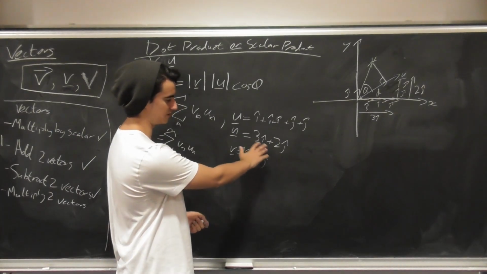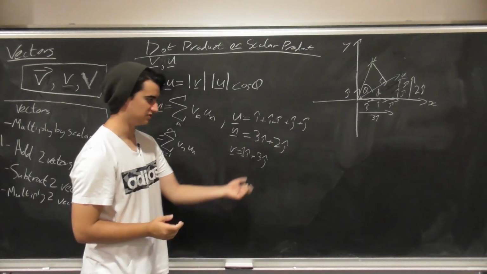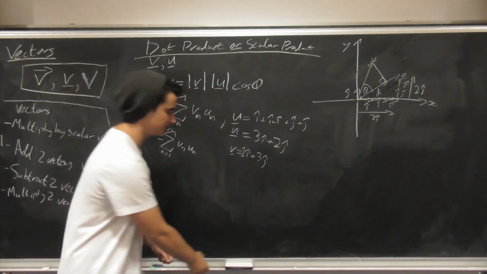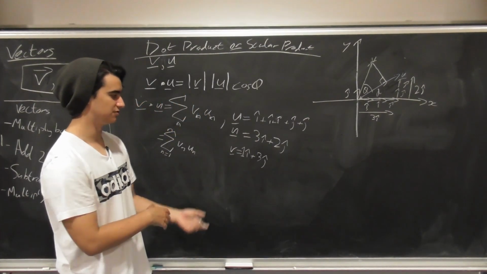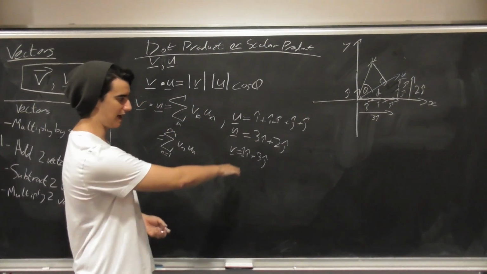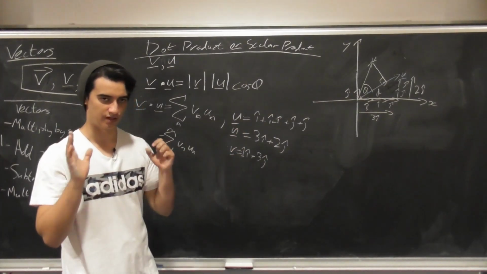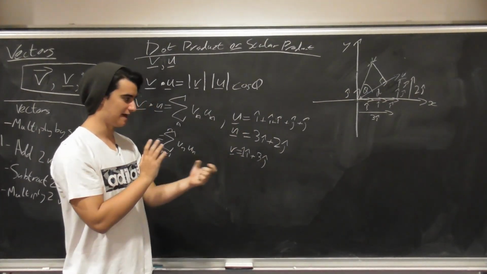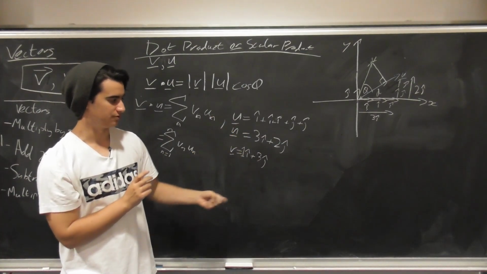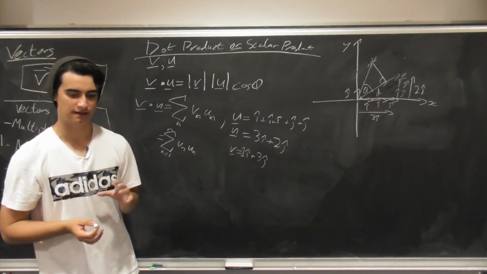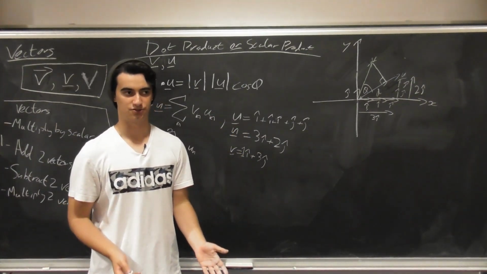Now, this can be a little bit tricky when you're dealing with i's and j's, because if I was to write v as 3j plus 1i, and then you're trying to add it or multiply it with u, you get confused as to which ones match up with which. So the way that we get around that is by introducing another notational trick.